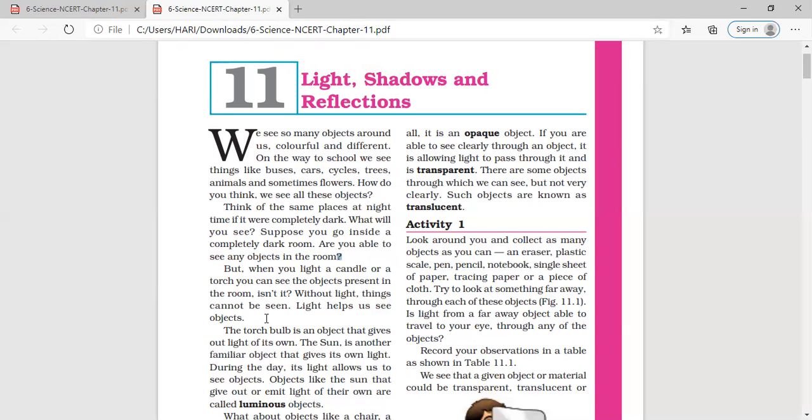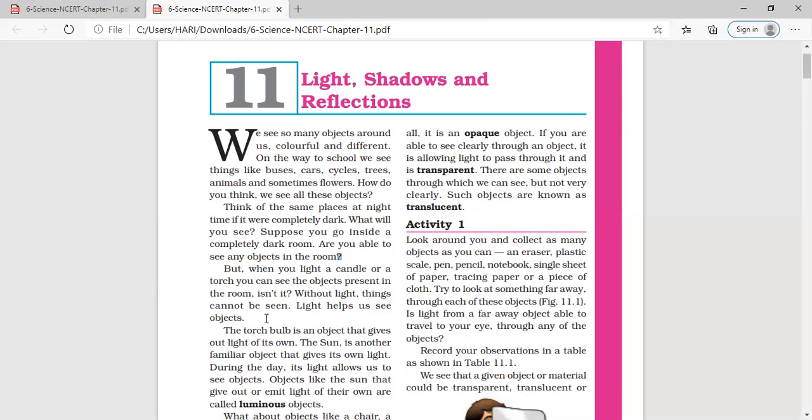And we cannot see any object in the absence of light, or in darkness. We can see an object only in the presence of light, and light helps us to see the object. Then you may be thinking, during daytime, from where do we get the light?